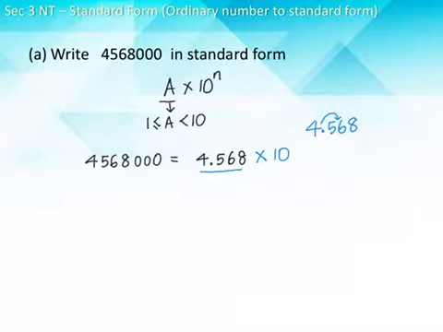If I multiply by 10 to the power of 2, it will shift 2. Then 10 to the power of 3, you'll be shifting 3 positions. But I need another 3 more zeros at the back. So in total, I will need to shift 1, 2, 3, 4, 5, 6 times, which means times 10 to the power of 6. And therefore, this will be your final answer.